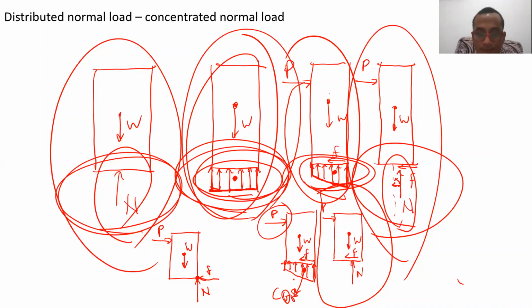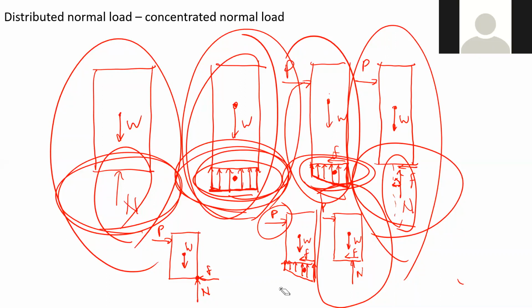Remember, I already told you before that if we have any kind of distributed force, we can represent it with a representative concentrated force. So what we're supposed to draw is just the representative concentrated force. You don't have to think about the force distribution.